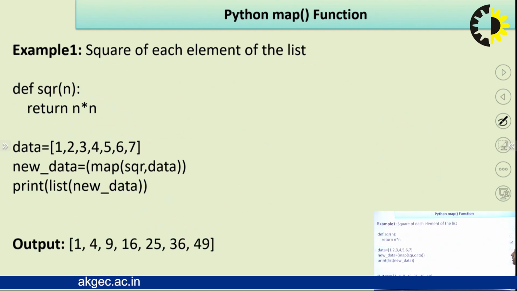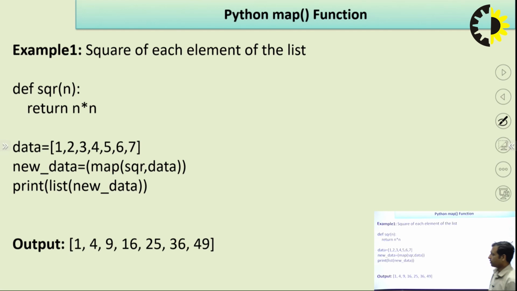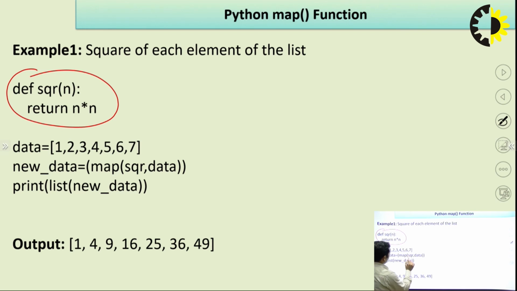We will see another example, the same example, with the help of a separate function. Here we will not use the lambda function. Just give the name of the function here. Square, SQR, is the name of the function.